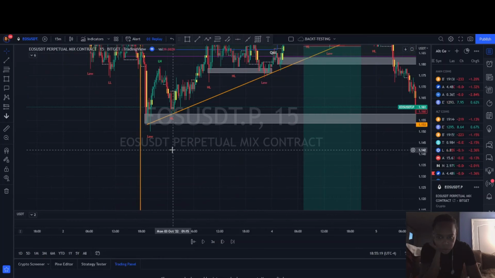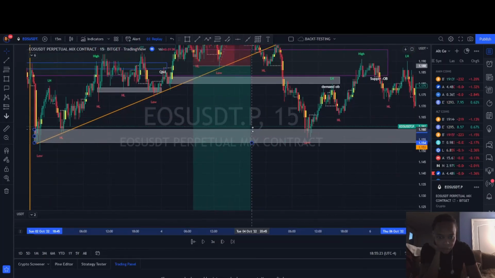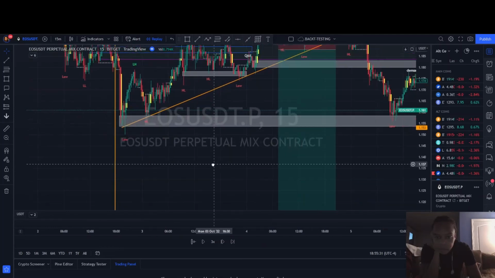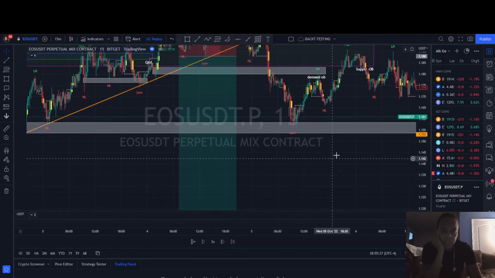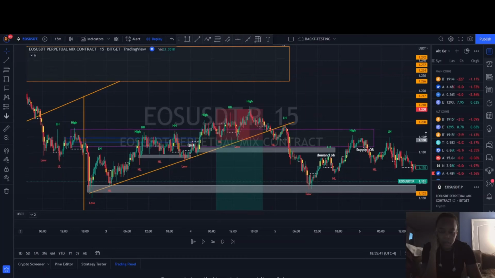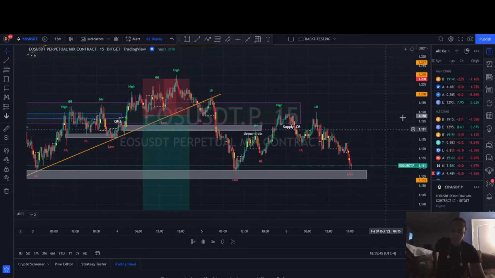I need to learn to draw those, because if I had drawn them beforehand, then I might have set my take profit here instead, you know? But no, I hadn't noticed it, because it came, rejected, came, rejected, came, rejected. Was there one up here that I also missed as well? Anyway, let's let this continue playing out.